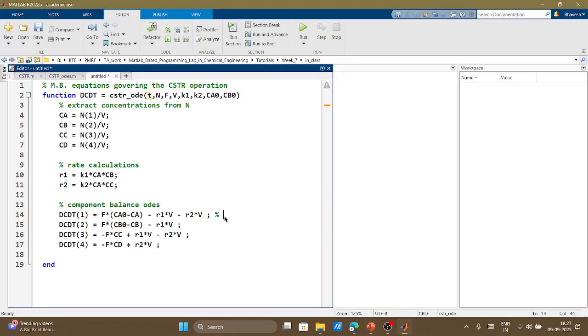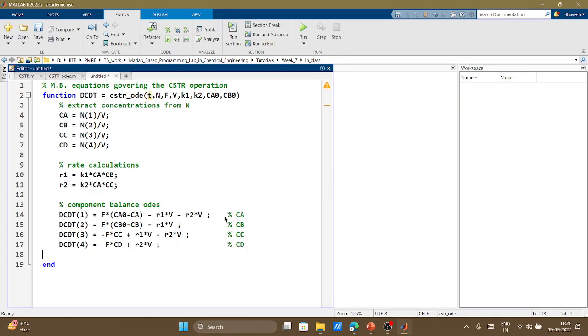You can also put comments that this is for Ca, this is for Cc and Cd.